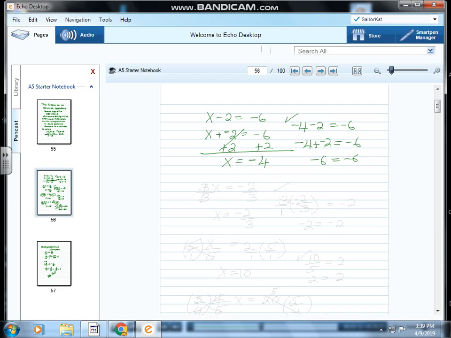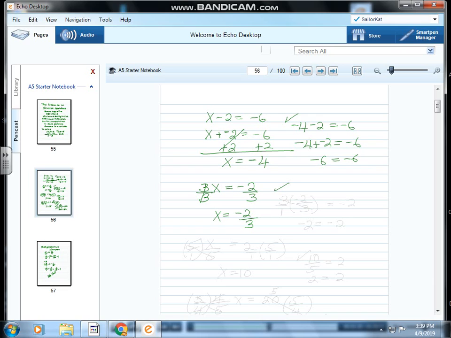Now another problem that you're probably going to solve is like 3x equals negative 2. 3x means 3 times x. So you're going to divide out the 3. This may not look as pretty as the rest because you have a rational number. However, it works.